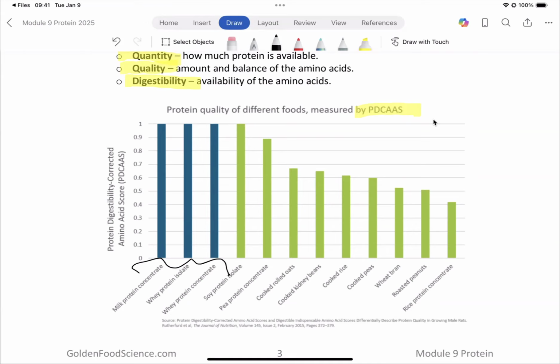Soy protein isolate, not just soy, but soy protein isolate, is the closest of the plant proteins. And then it goes downhill. You can see that the protein quality goes downhill, looking at these green ones that are all from plants. Again, quality has to do with the amount and making sure that we have all 9 of the essential amino acids present.